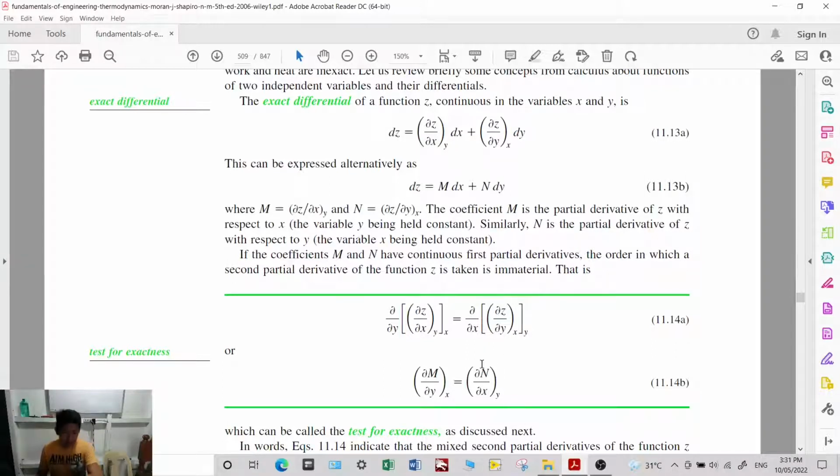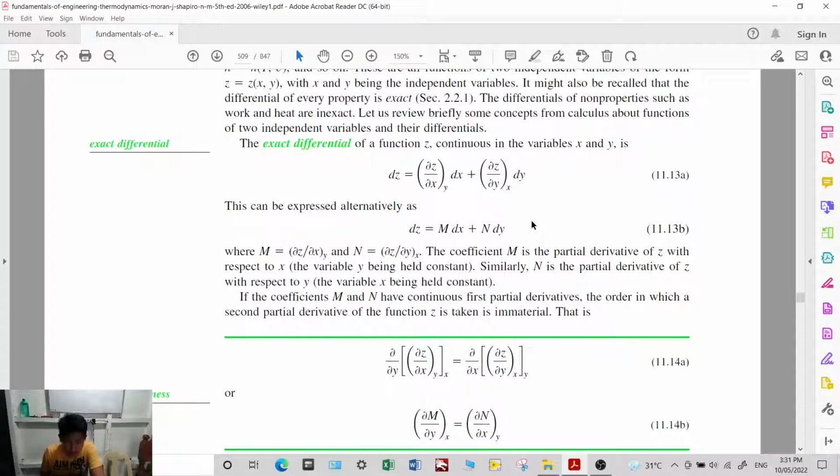This is from advanced math, the test of exactness. How do you determine whether a differential equation is an exact differential? What this means is you get the mixed derivative of the equation.